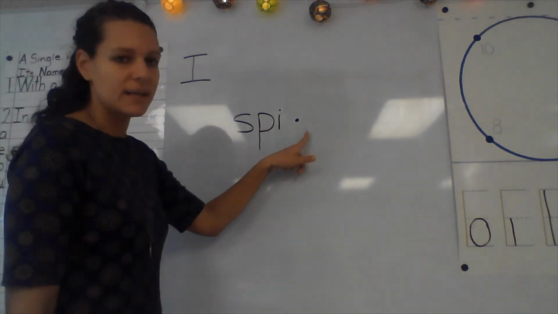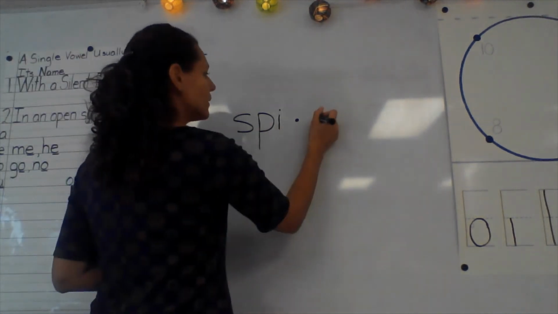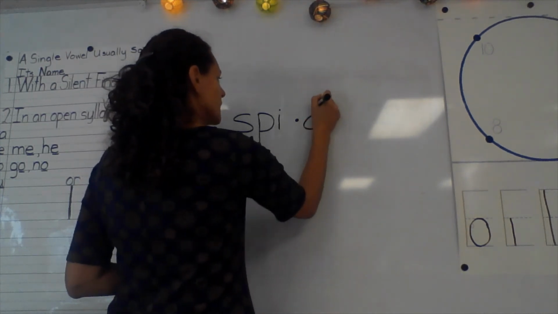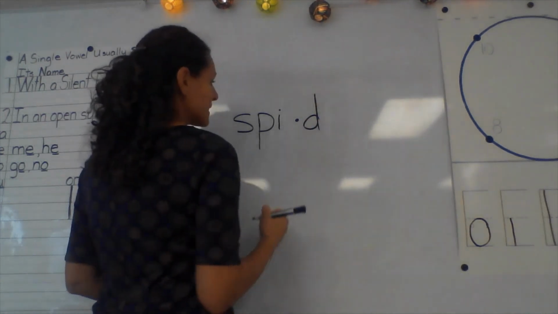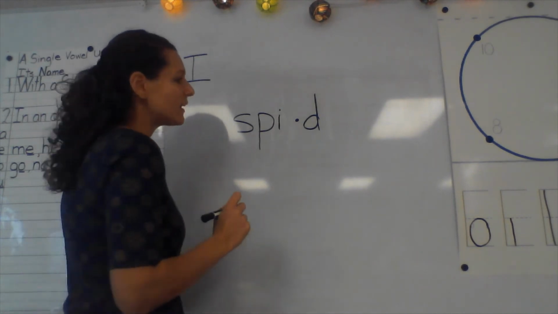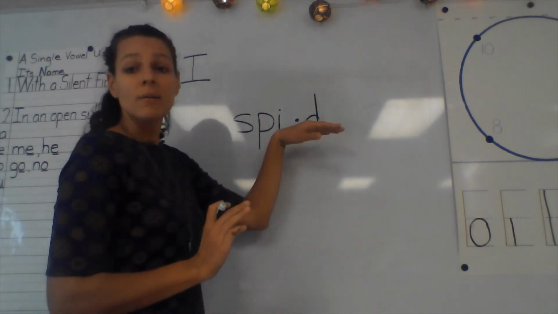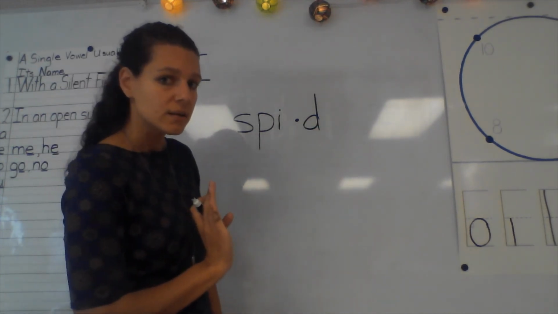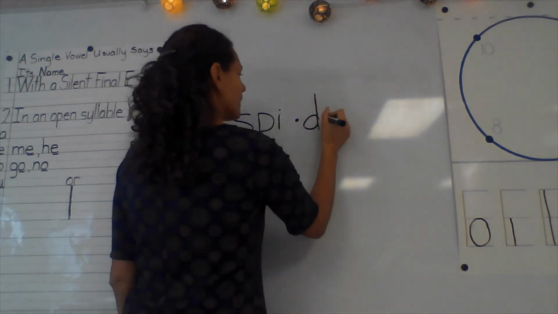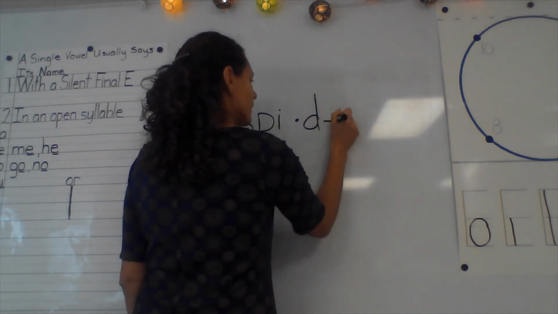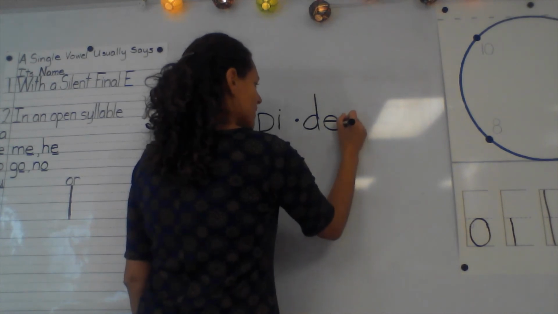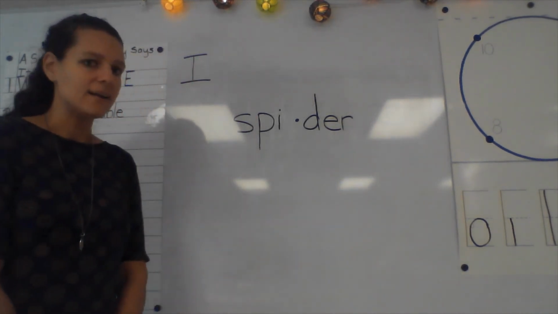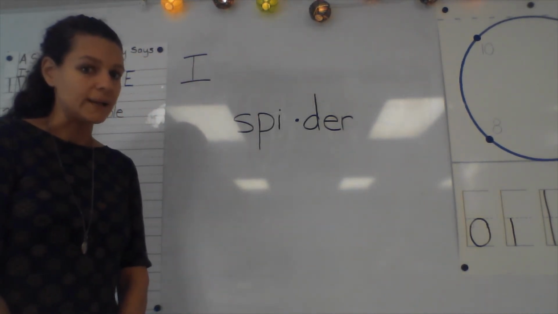All right, now what do I need to write for my second syllable? Good, D. I made sure I started that in the correct spot so I didn't reverse it. And what's next? Right, and which is it? Very good, the er of her. All right, so make sure your spider looks like mine.